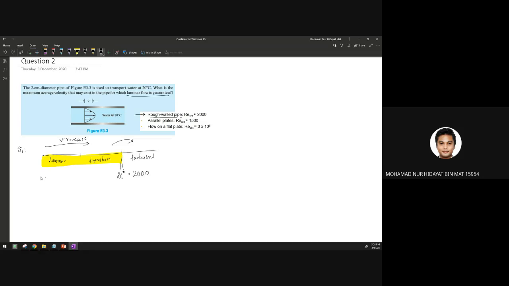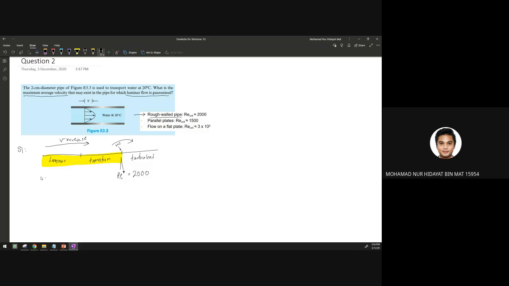This is the maximum of velocity. That's why the question gives the maximum average velocity for which laminar flow is guaranteed. So from here, just about to become turbulent, this is the velocity. The question asks, find this velocity, the maximum velocity just about to become turbulent.